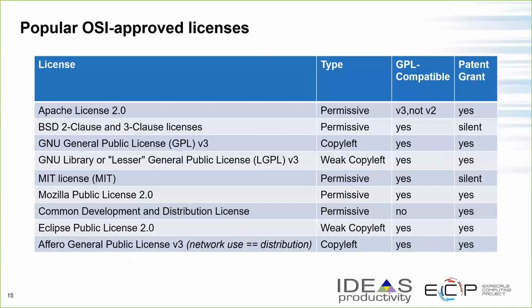So it says that use over the network, or offering a product over the network, is equivalent to actually distributing the source code, which is interesting given the rise of these software as a service types of activities now.